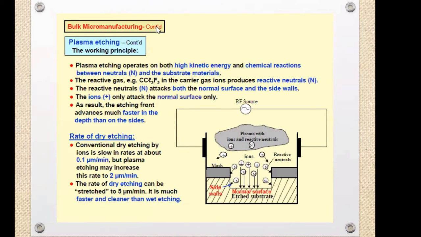Plasma etching operates on both high kinetic energy and chemical reaction between neutrals and the substrate. The reactive gas, for example carbon chloride, is the carrier gas. Ions form reactive neutrals, and the reactive neutrals attack both the normal surface and the side walls.